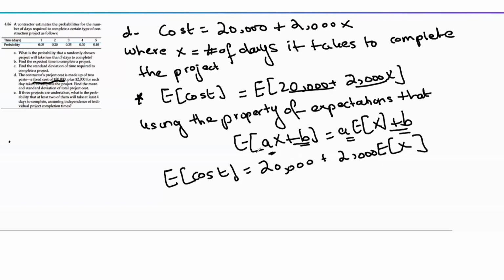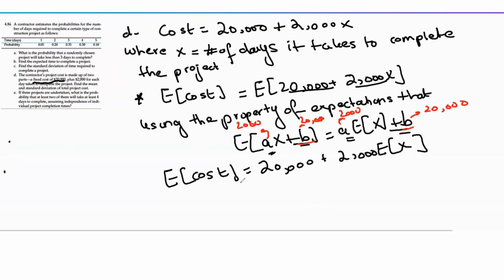Here we simply apply this property of the expected value of ax plus b, where a is 2,000 in this case, and b is 20,000. So we just applied this property of expectation to find the expected value of this linear function of the random variable x.